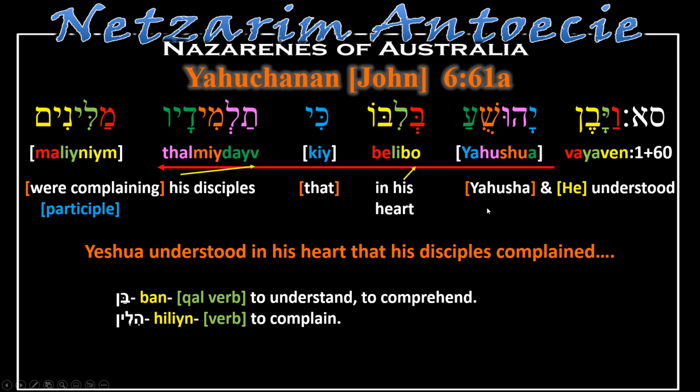And he understood. And who? Yahushua or Yahusha, or down here, Yeshua. Belibo, in his heart. Why is it that? Because we know the bet is in and lib means heart, lev, right? Lev is heart. So in his heart, ki, that, talmidav, his disciples, again it's plural because of the yod, and it's his because of the vav.